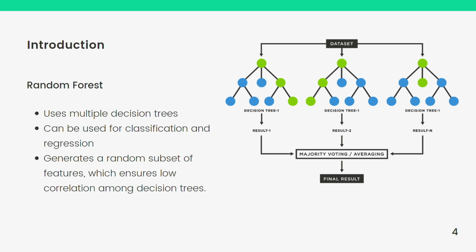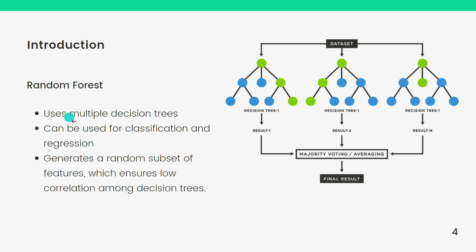And the confidence will be higher if 8 trees are saying yes, and if 6 trees are saying yes and 4 trees are saying no, that way the confidence will be lower. So you can understand the confidence rate also. And for regression, again, each one will give its own numeric value, and the final output will be the average of all these. So you can see we get the final result over here.